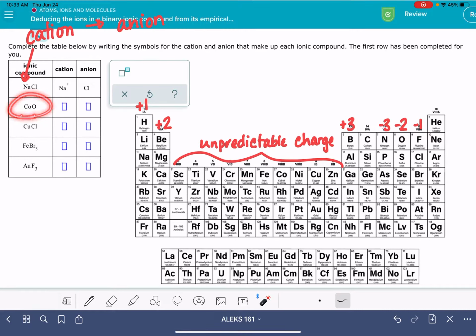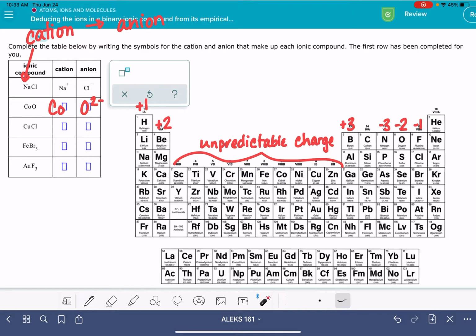Let's try our next one. For the next example, we know that our cation is the cobalt. We know that our anion is the oxygen because cobalt comes first and the oxygen comes second. The cobalt is right here, so that means it is in an area where the charge is unpredictable, so we're going to have to figure out what its charge is. Oxygen is right here, and oxygen is predictable. It has a 2- charge.